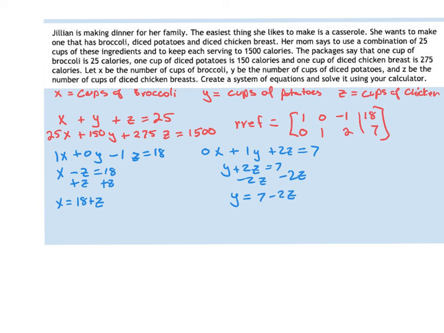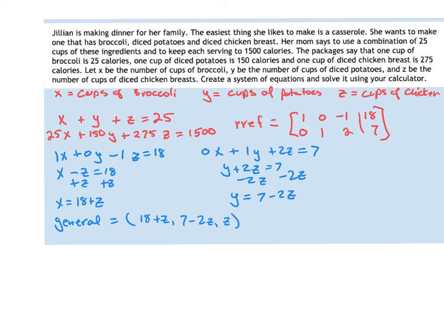Okay, so now we're going to write our general solution. The general solution is 18 plus z, 7 minus 2z, and then just z.